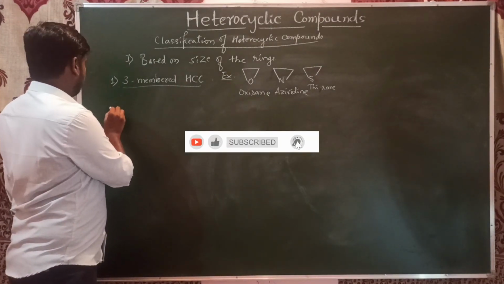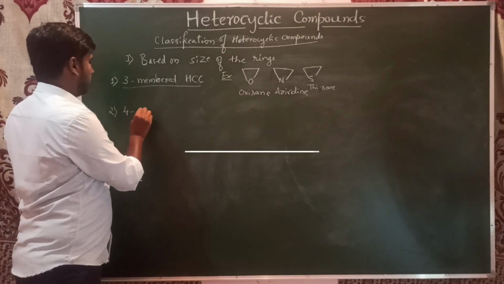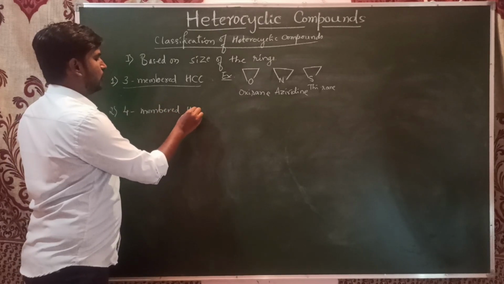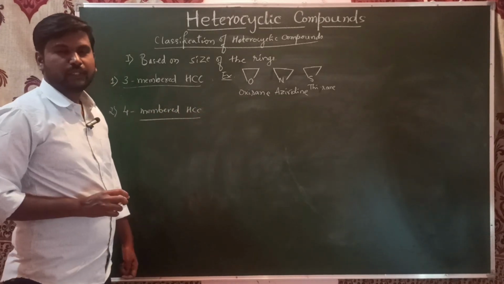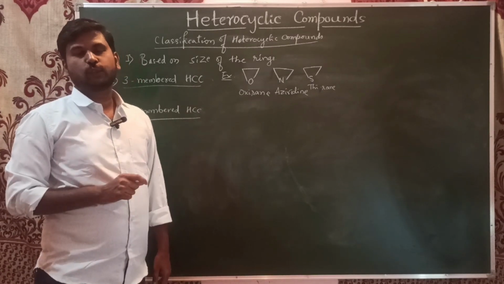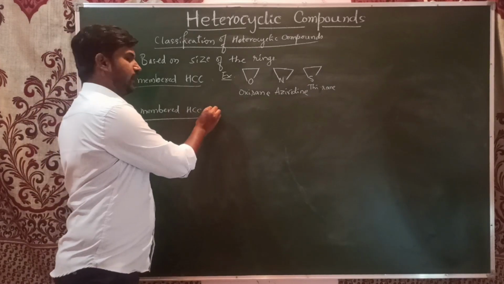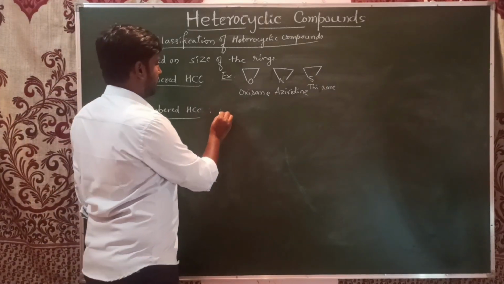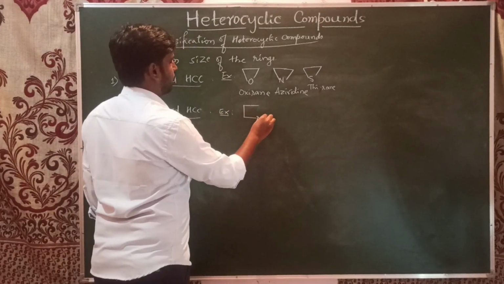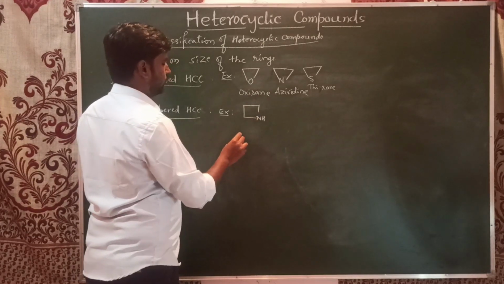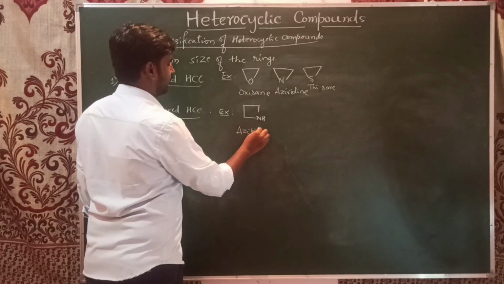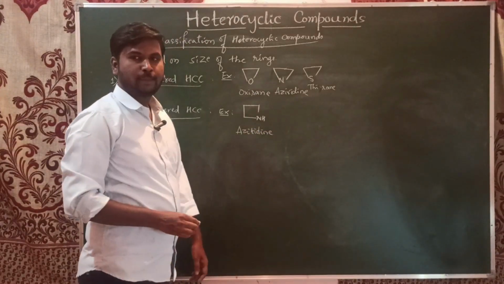The second one is four-membered heterocyclic compounds. Here the heterocyclic ring is made up of four atoms, at least one of which should be the heteroatom. For example, the nitrogen heterocyclic compound, this is azetidine.